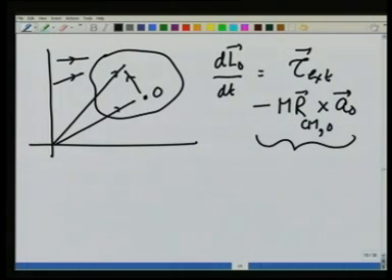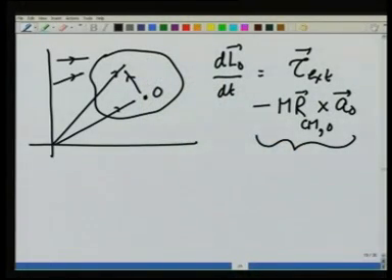I want to choose this point O in such a manner that the last term vanishes, so that with my eyes closed I can always apply dL over dt equals tau external only.